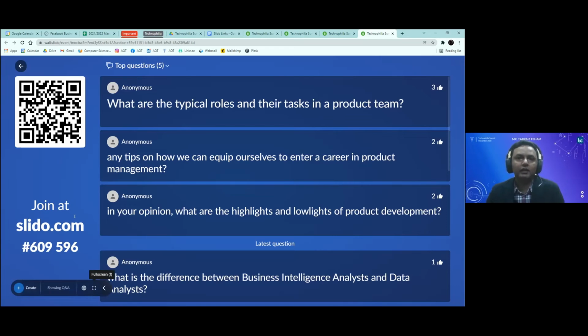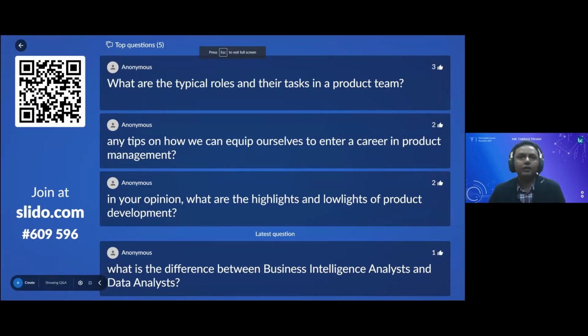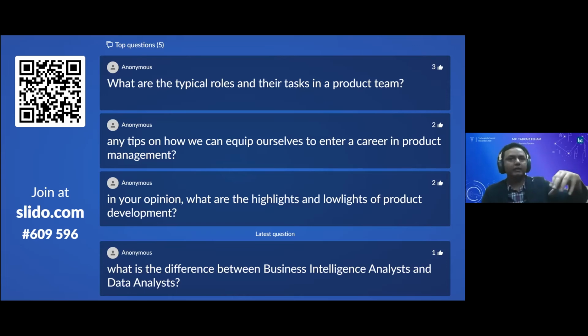You should have an analyst. You should have a tester who can actually test your product, and you should have a PM usually to manage the overall team. And as a product manager, you are looking at it as a whole. You are looking at it from the technical perspective as well. So you should have a little bit of technical acumen.